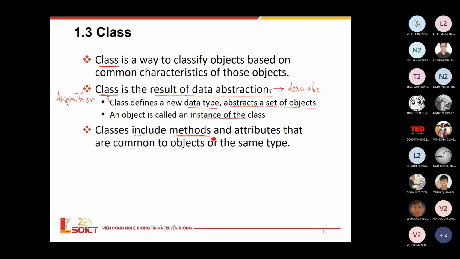We talked about the attribute and the method. The attribute is something related to the state of this object, and the method is something related to the behavior of this object. Remember it, I'm reminding you about it.